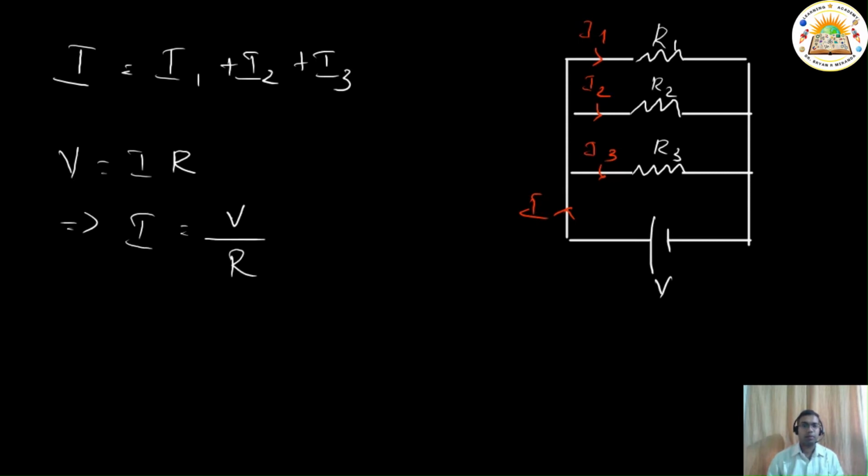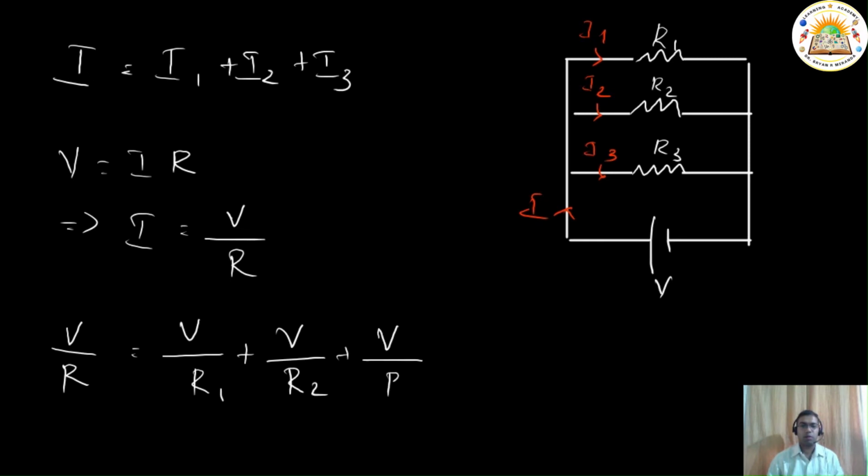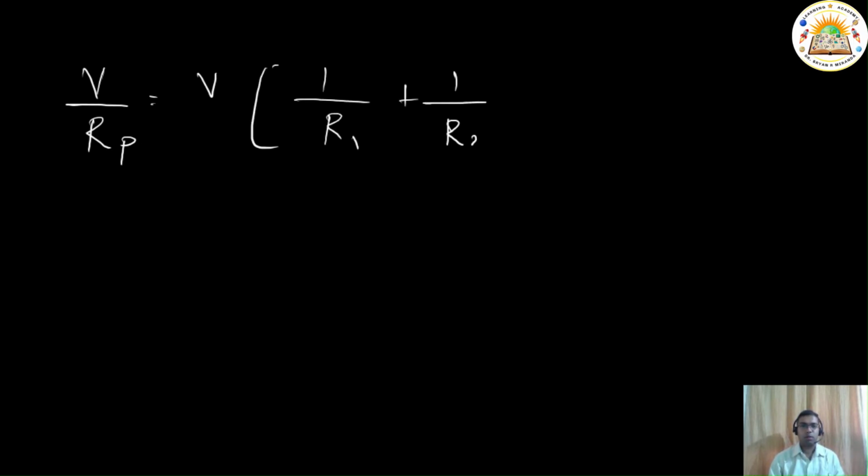Now let us substitute. I will have V by R is equal to V by R1 plus V by R2 plus V by R3. So this I can write as V by Rp, since it is parallel, as V times 1 by R1 plus 1 by R2 plus 1 by R3.